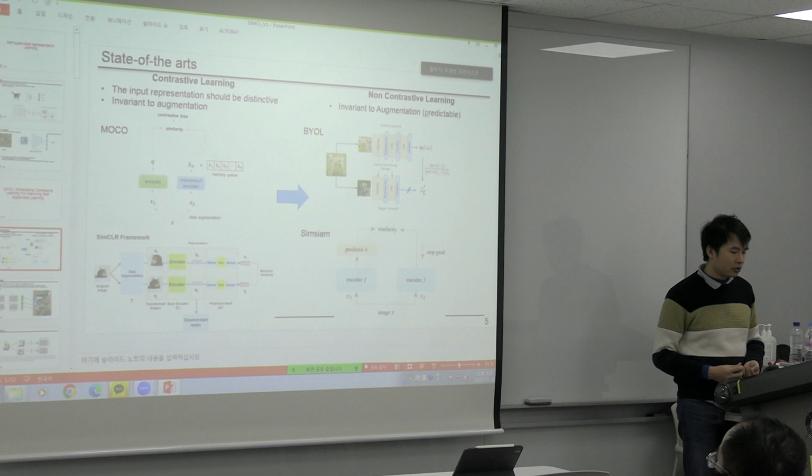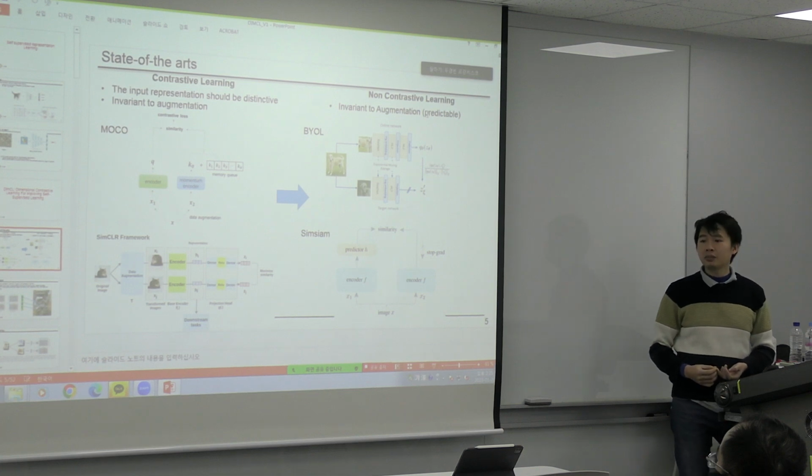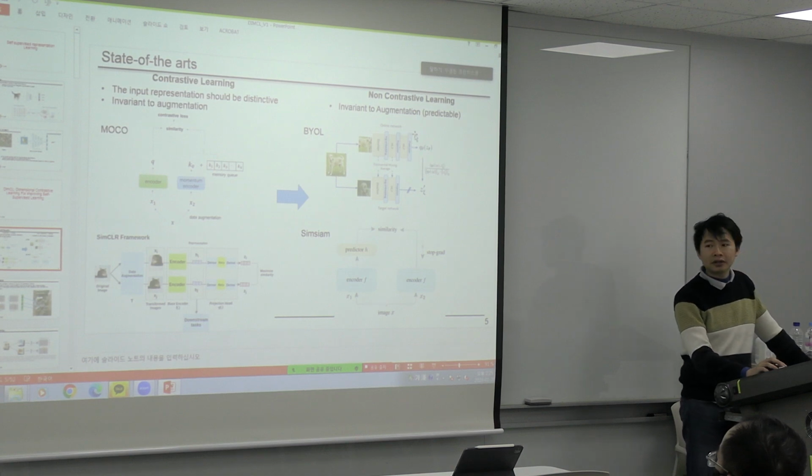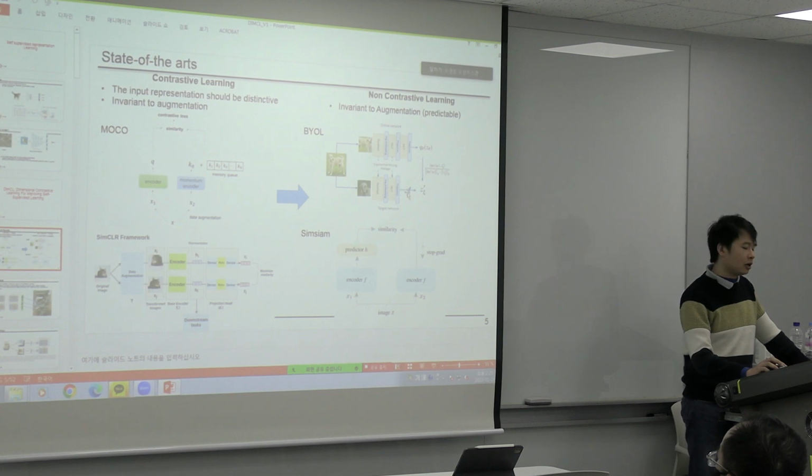Predictable, not the same, but predictable. It means that if we apply a predictor to one embedding vector, we can predict the embedding vector of another augmentation.